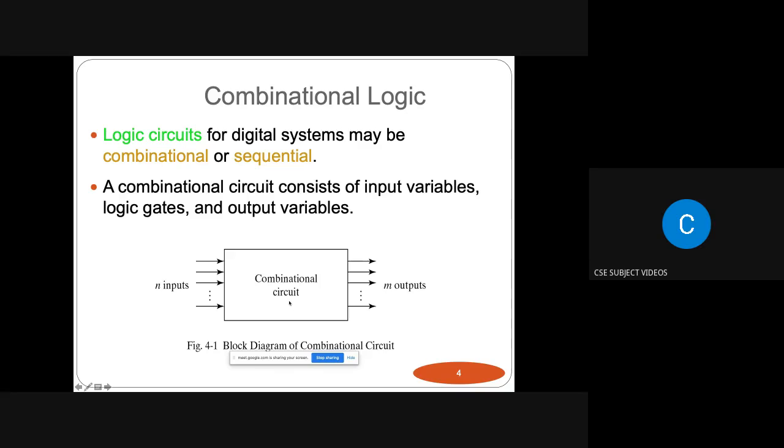Here is the block diagram of the combinational circuit, which takes n inputs and produces m outputs, and these m outputs depend upon the present combination of inputs. Some examples of combinational circuits are half adder, full adder, half subtractor, full subtractor, encoder, decoder, multiplexer, demultiplexer, magnitude comparator, and so on.